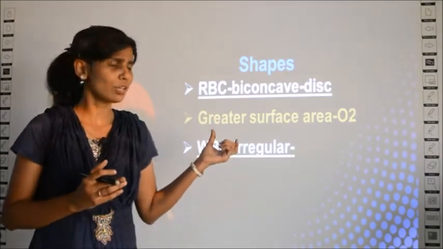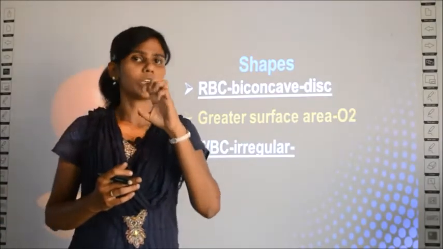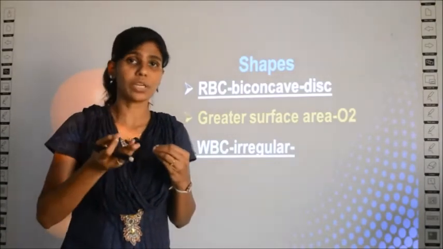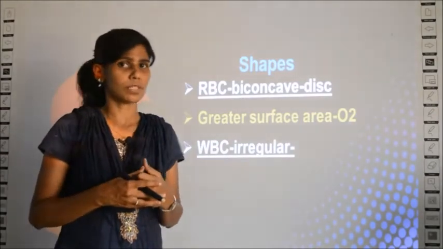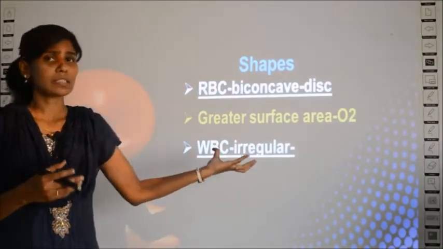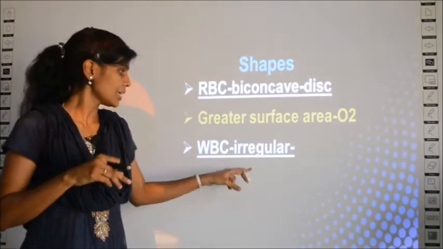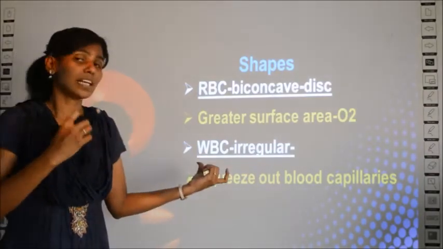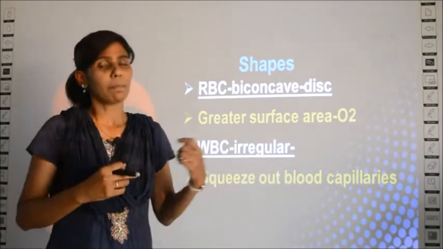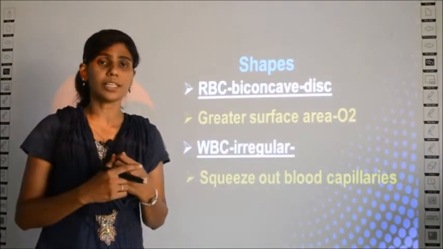What is the speciality of WBC cells? WBC cells can kill the germs. Suppose some germs are entering into your body, the WBC cells only will kill the germs. Since it is irregular in shape, it can squeeze itself out of the blood capillaries and reach the area wherever the germs have entered into the body.